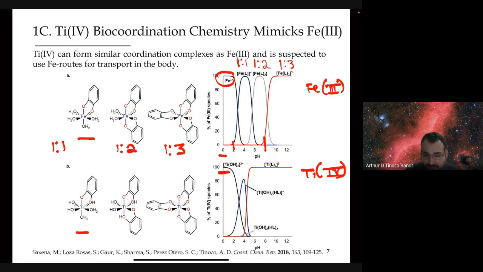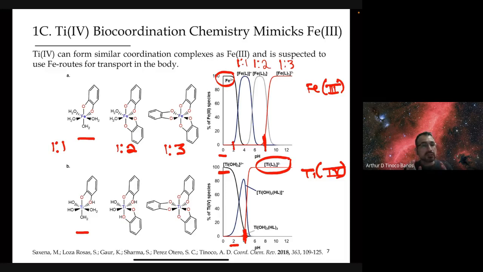Then you start to see the formation of compounds with the catechol in the acidic range. But already by a pH of 4, the catechol ligand can saturate the coordination sites of titanium. So at a pH of 4 is where you start to see the presence of that compound, whereas for the iron case, you observe it above a pH of 8.